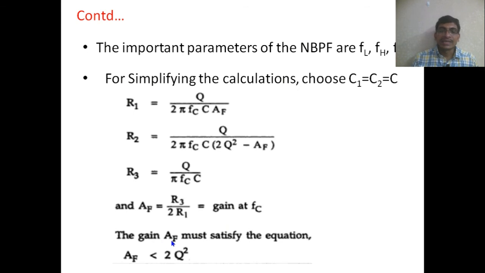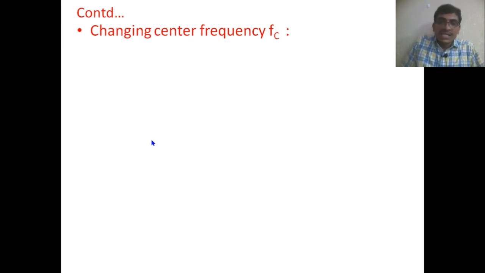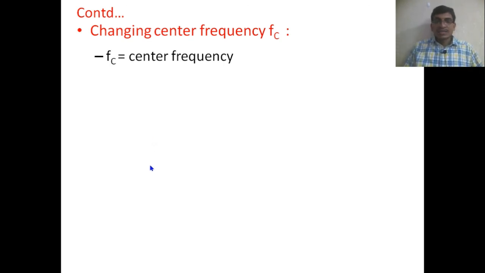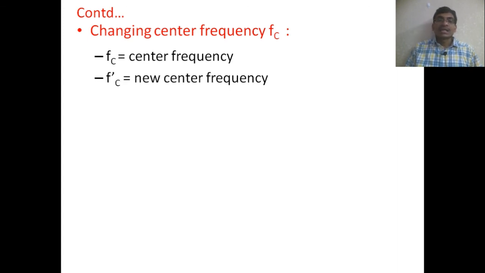The gain AF must satisfy the equation AF less than 2Q square, which is less than the square of the quality factor times 2. So that is how we have to select the gain. Suppose you want to change the center frequency Fc, where Fc dash will be the new center frequency.